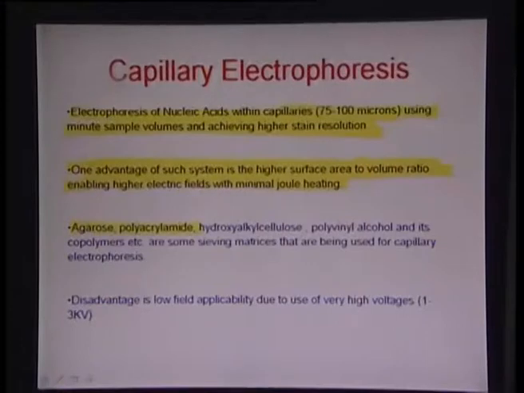Agarose, polyacrylamide, hydroxyalkyl cellulose, polyvinyl alcohol and its copolymers are some sieving matrices that are used regularly for capillary electrophoresis. The disadvantage of such a process is that it's not very field applicable, particularly because higher voltages in the range of 1 to 3 kV are very often used.